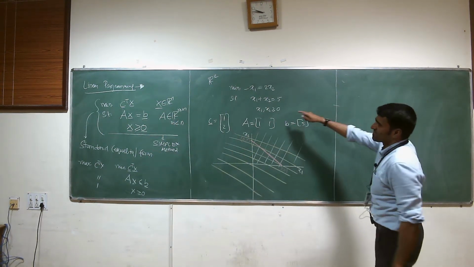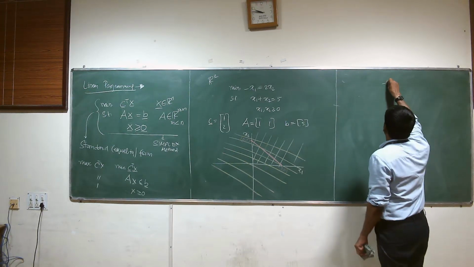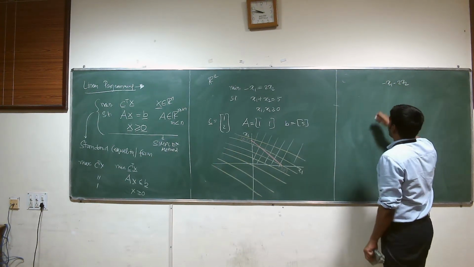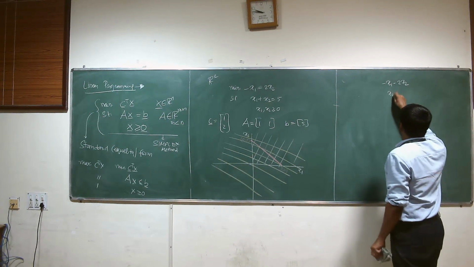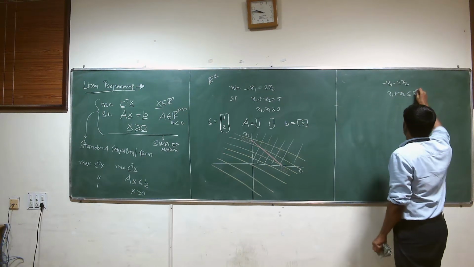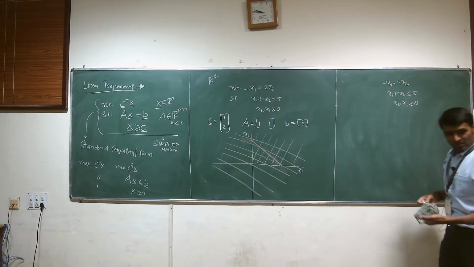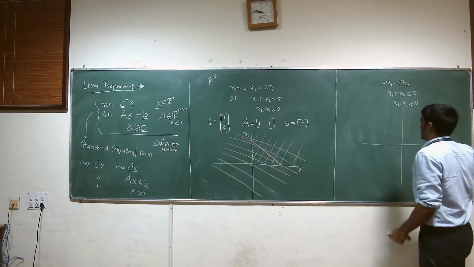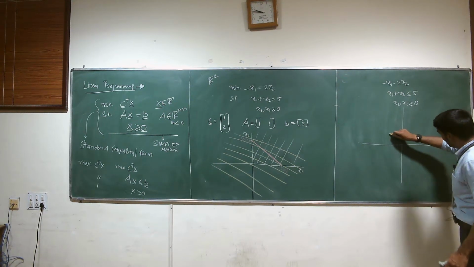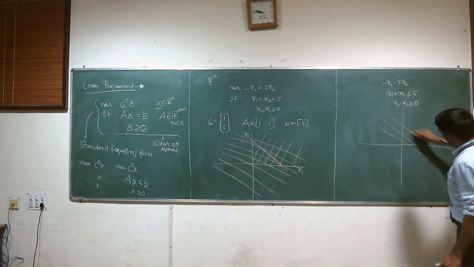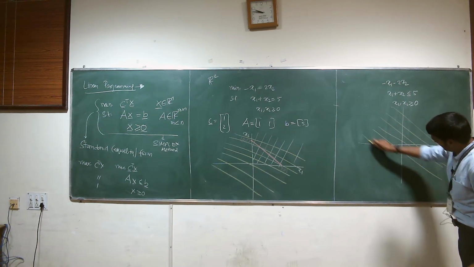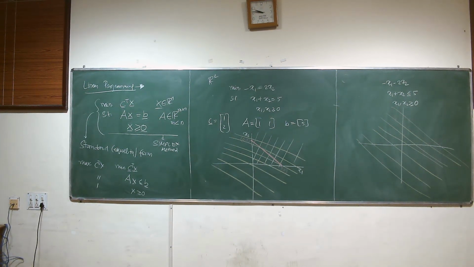Let's say we had a slightly different version, but instead of equality, we had an inequality with 5. Now, what is the difference? Well, my contours are the same. These two constraints tell me that I'm restricted to this quadrant.